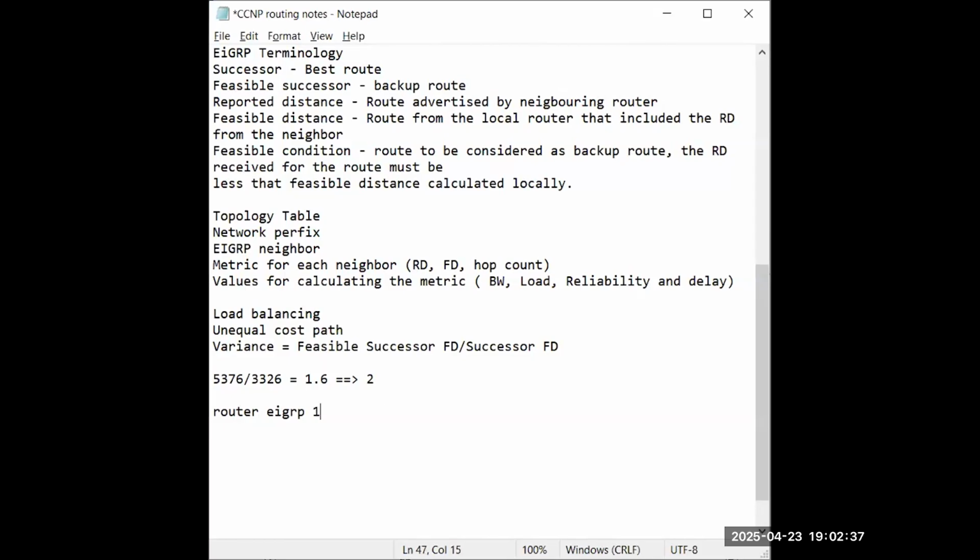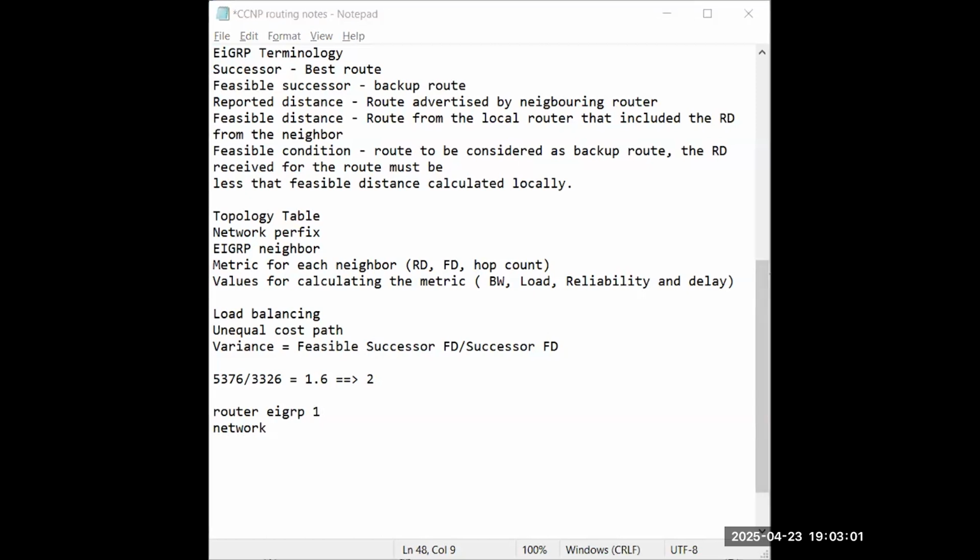I'm using EIGRP 1 and network. Network is the command to define all the networks which are connected to that specific router, not the neighbor's router. It's just going to advertise its own information only.